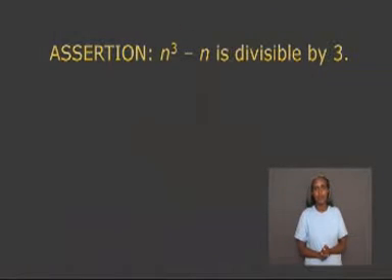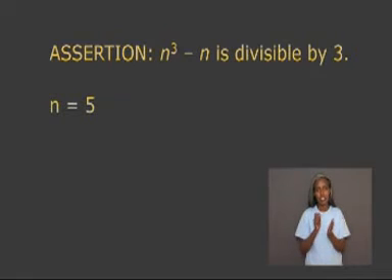Let us look at another example. Let us make the assertion that n cubed minus n is divisible by 3. First, we can test the validity of the statement by assigning a value to n.